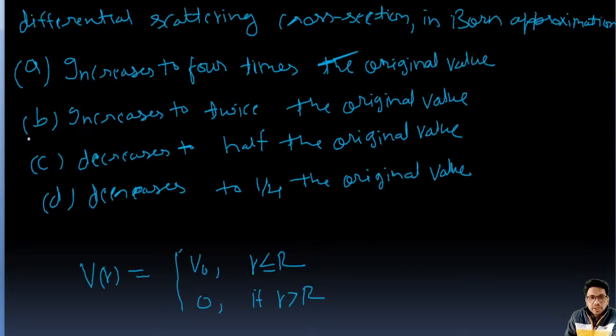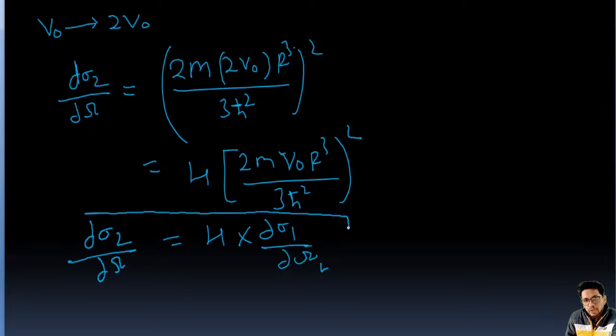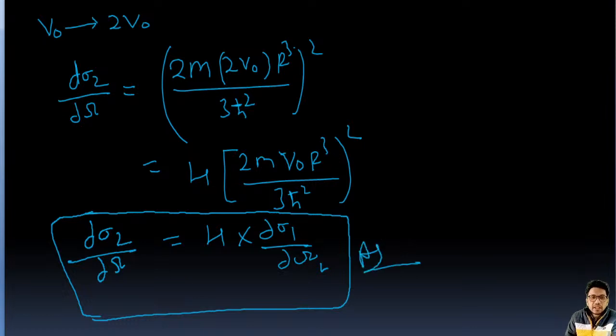Which option is matching? Option A, that increases to 4 times the original value. So dσ2/dΩ is 4 times the original. This is the answer. So option A is the correct option.